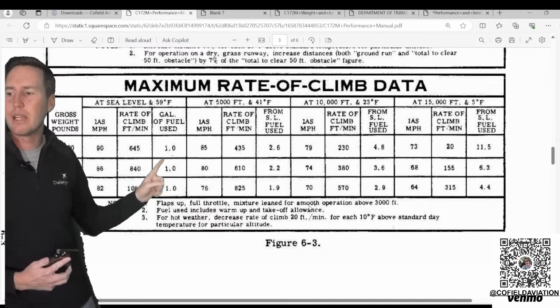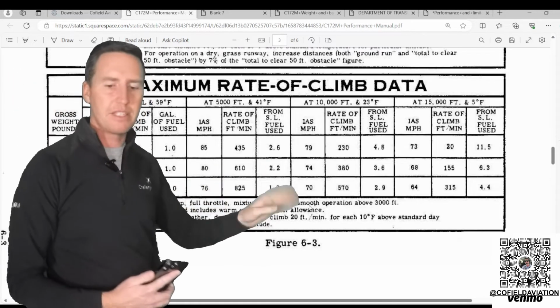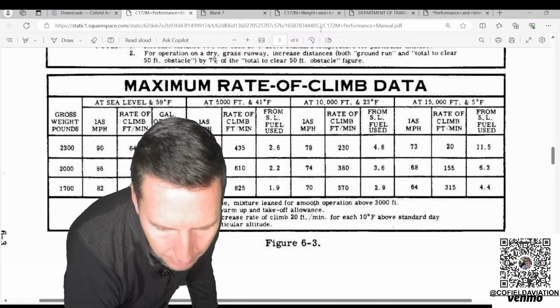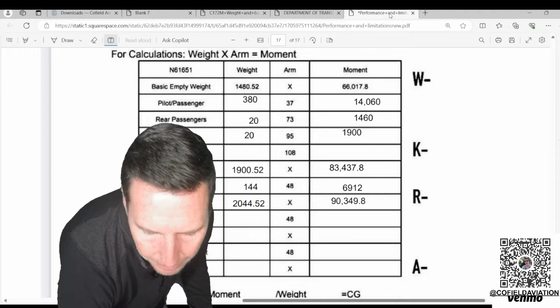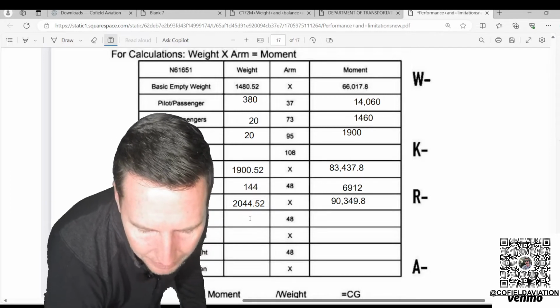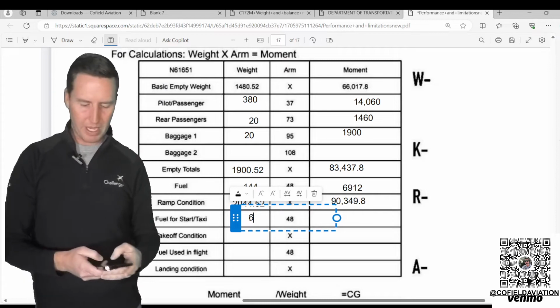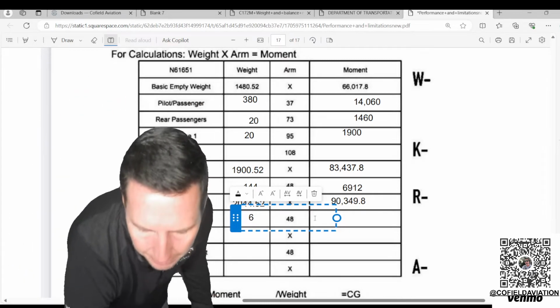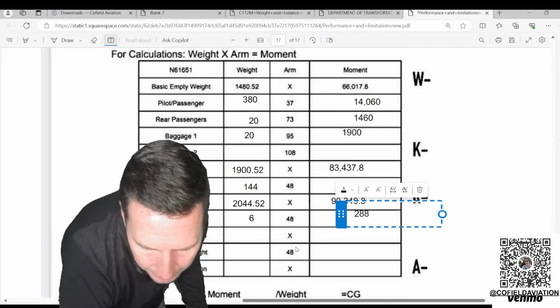So they calculate it takes 1 gallon to do your taxi and your startup and all that. Okay, so I'm going to exit out of that, go back to here. So 1 gallon, how much is that? That's 6 pounds a gallon, right? So 6 times 48, that's going to be 288. I'm going to put 288 right here.